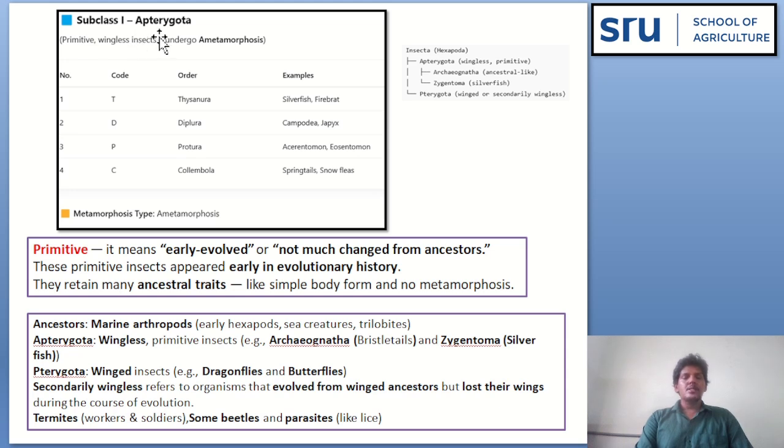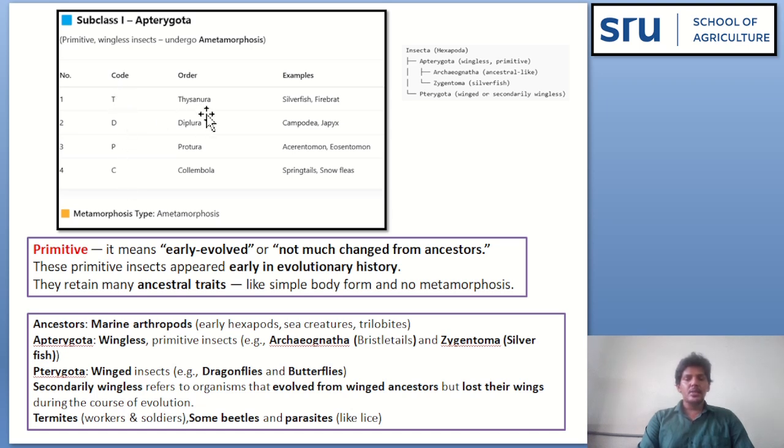Subclass 1 Apterygota, primitive wingless insects. There is no metamorphosis in these insects. No metamorphosis means there is no change in the form of the insect. For Apterygota, the code is TDPC.